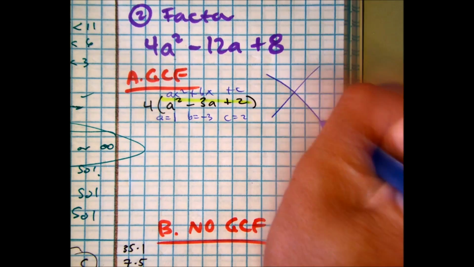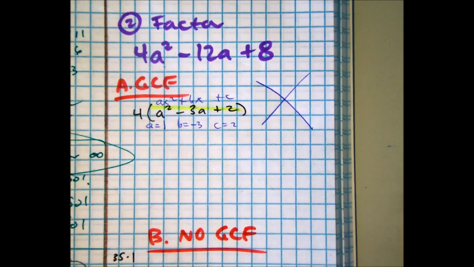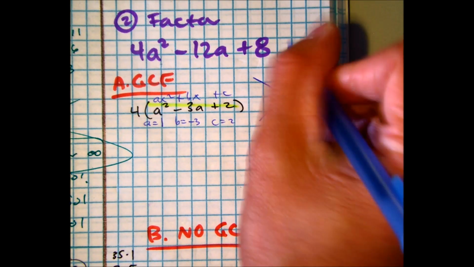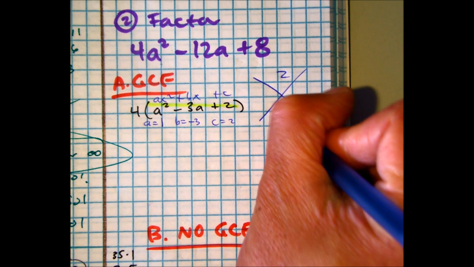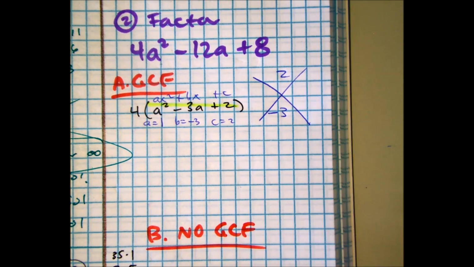And then we'll go ahead and do our X in our box. A times C is 2. B value is -3. Two numbers that multiply to be 2: 2 and 1.